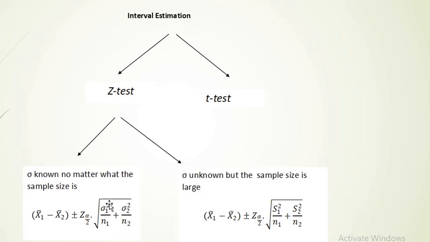If the population variances are known, no matter what the sample size is, then you have to use this formula. This is the point estimate, as I already told you, and it is the same in all situations. If you are talking about the z test, the method of calculating the table value is the same, but the difference exists in the standard errors.